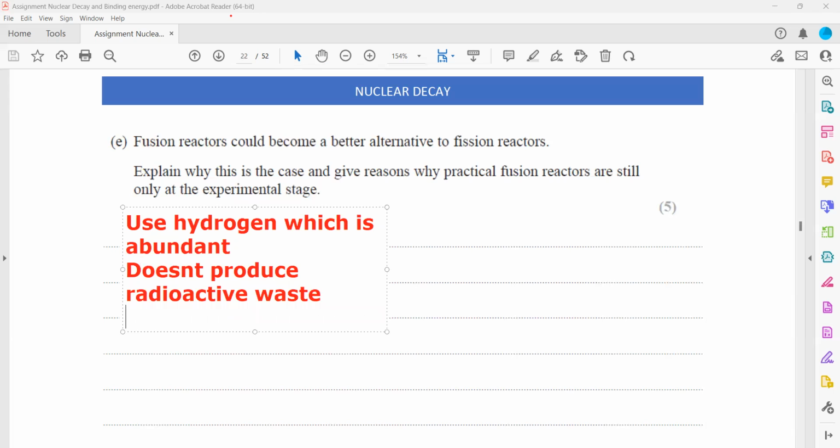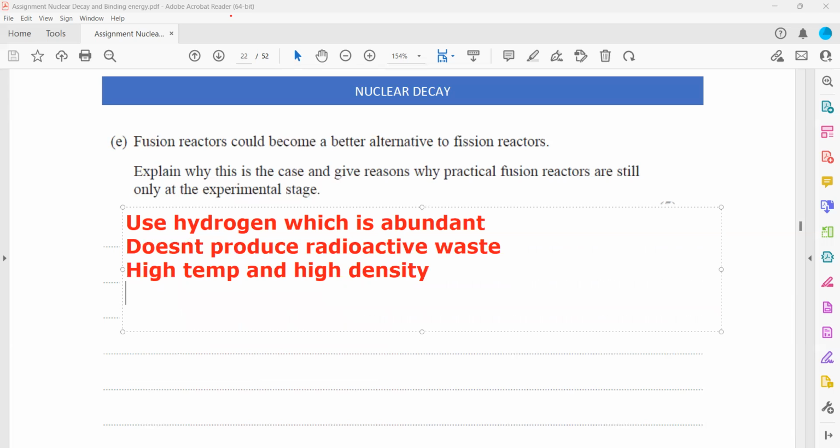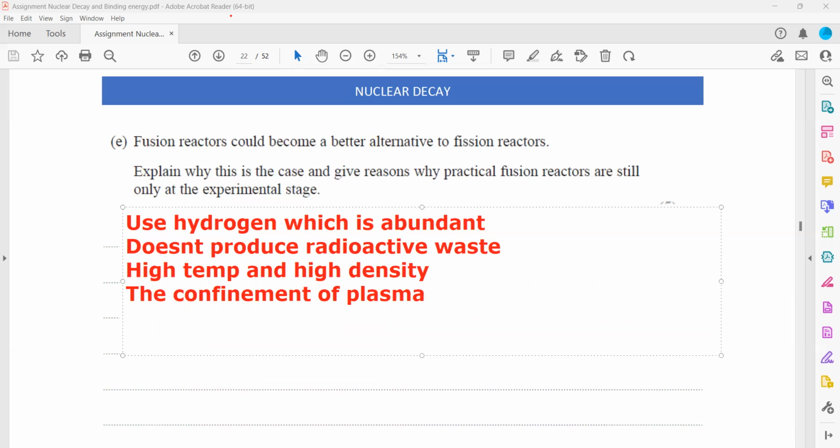But the problem is we need high energy, like high temperature and high density. For that, we need a material which can withstand a very high temperature. Second, the problem is the confinement of a plasma. To confine the plasma, a very strong magnetic field is needed.